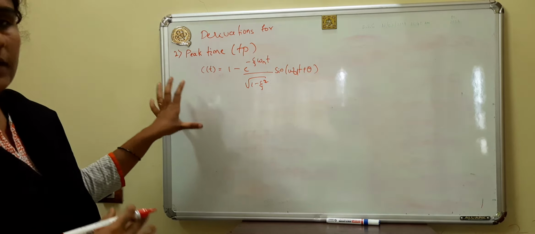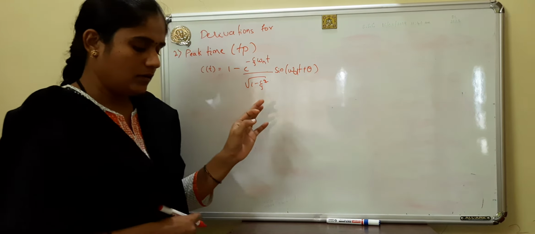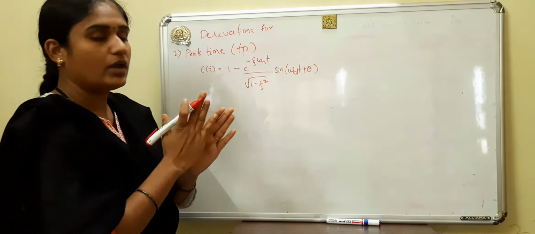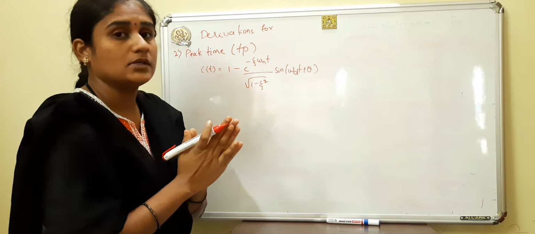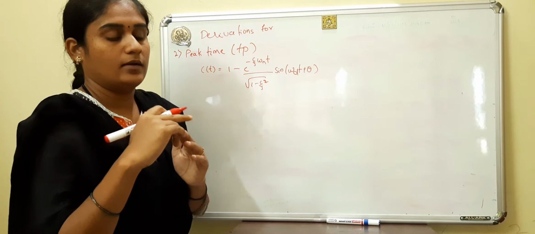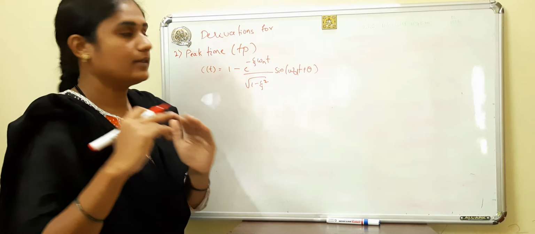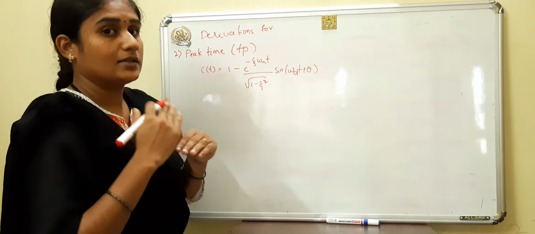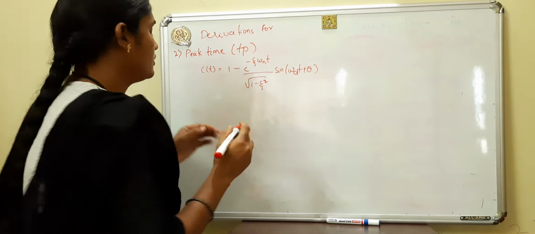Okay, the peak time is the time required to attain the maximum peak value. Okay, that is peak time. In that, the slope must be 0.